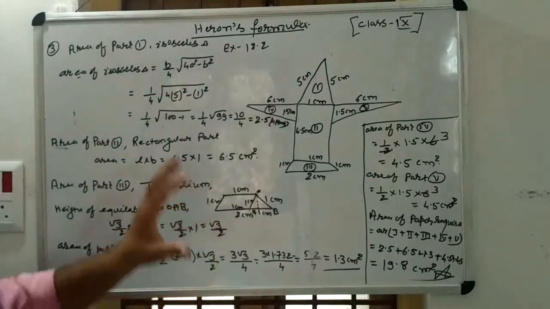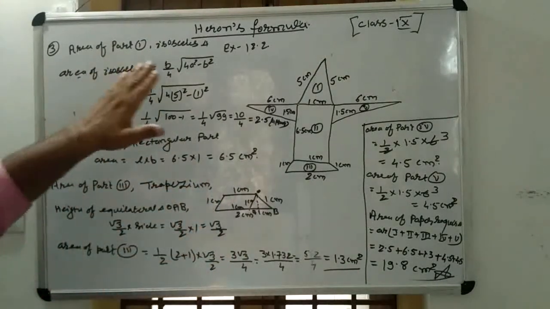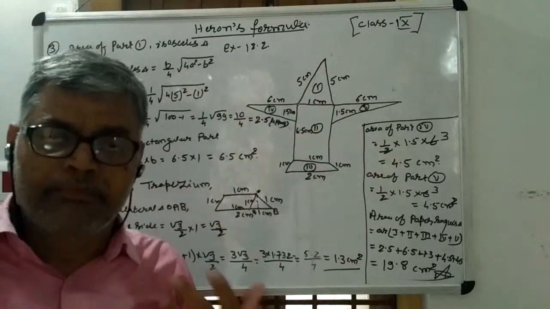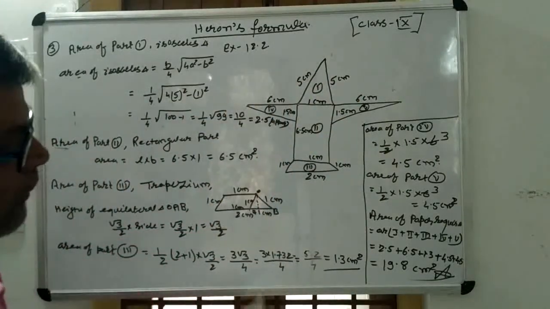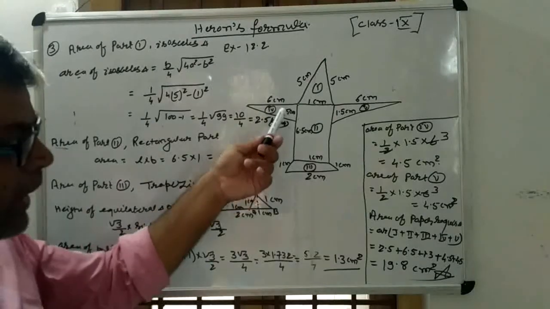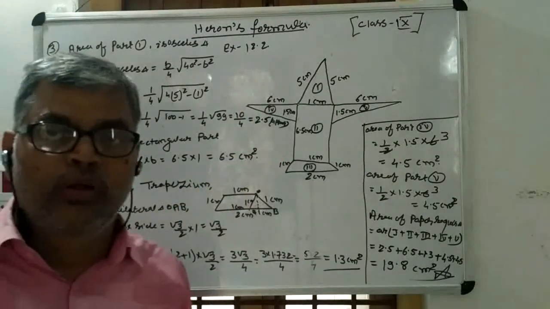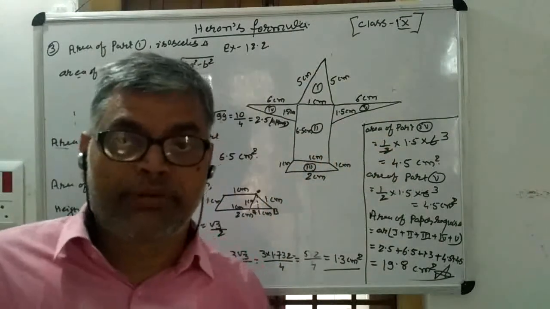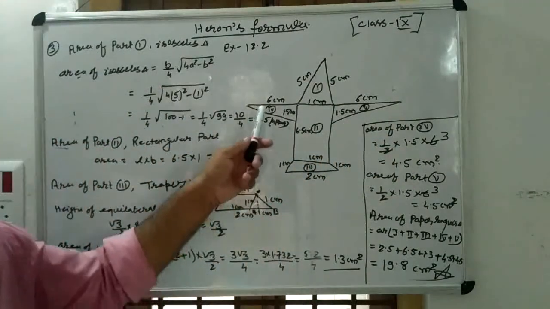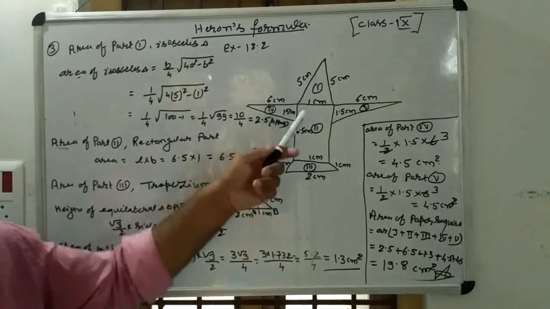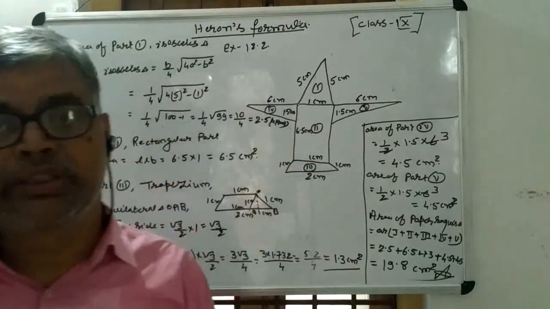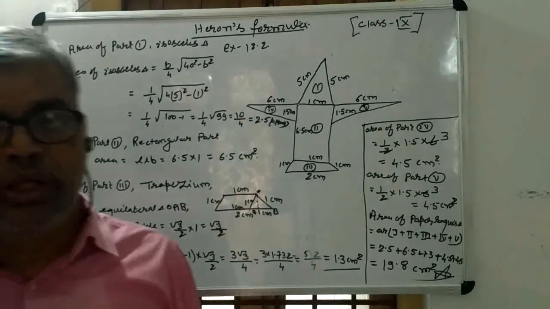You can find the area of this isosceles triangle by Heron's formula also. You can find the area of this right triangle also by finding the hypotenuse using the Pythagoras theorem, and then apply Heron's formula, but that will take too much time and becomes too lengthy.